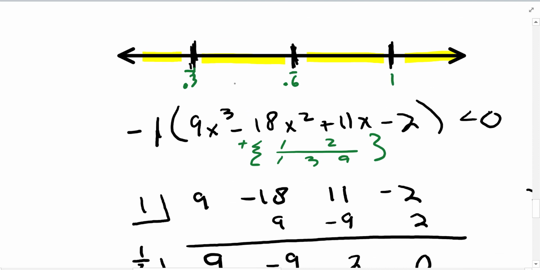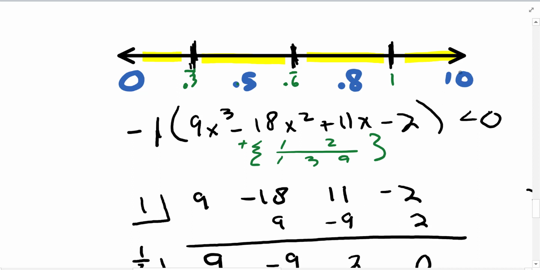So in this one right here, I might choose this interval, 0.5. Let me change that color. 0.5, I would probably choose 0. 0.6 repeating, I might choose 0.8. And I might choose 10.